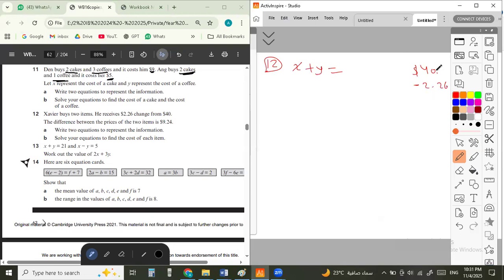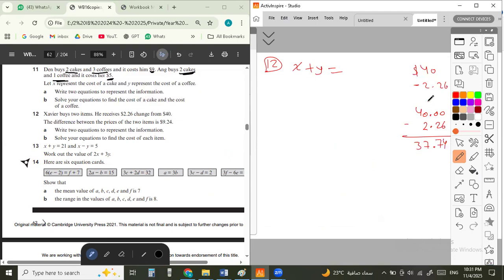You subtract this. You can do it mentally, or you can line up the decimal points. I do it this way: 40.00 and here 2.26. You can borrow and do all the borrowing, or mentally you can just find that it's 37.74. I did it mentally right now.